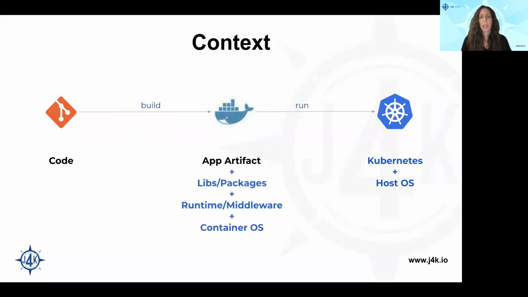So in this case, for example, with Java, the jar file or the war file is no longer that deployment artifact. Instead, an image, which includes that code, plus all of the runtime dependencies, becomes our new unit of deployment.